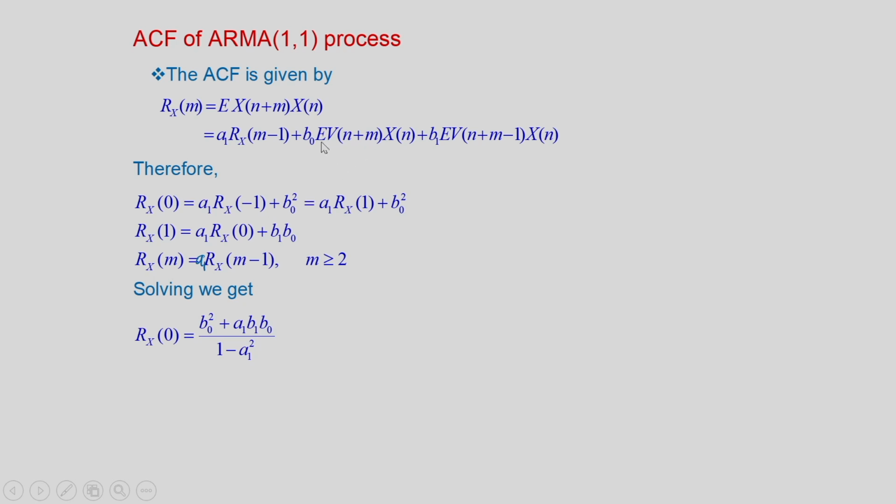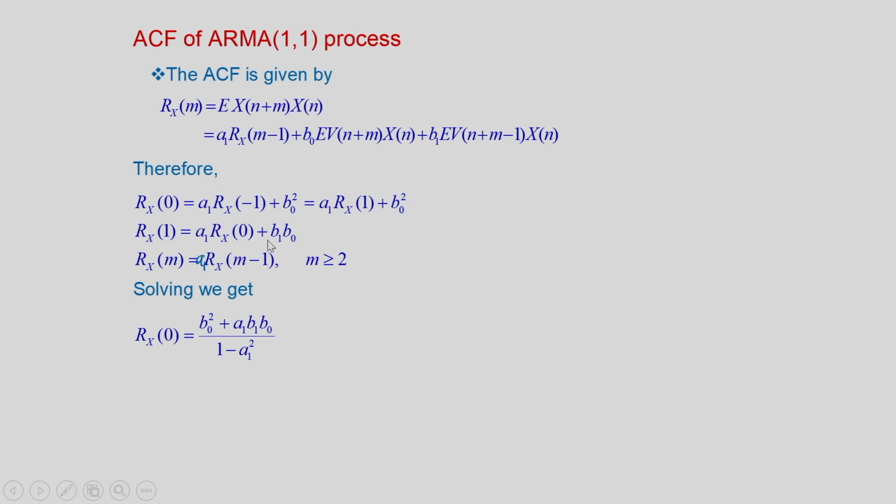So, this part b0: when m is equal to 0, then this will be v n into x n, and this will contribute b0 into v n square. So, that way we will get here b0 square. Similarly, R x of 1 will be equal to a1 times R x of 0 plus b1 b0.